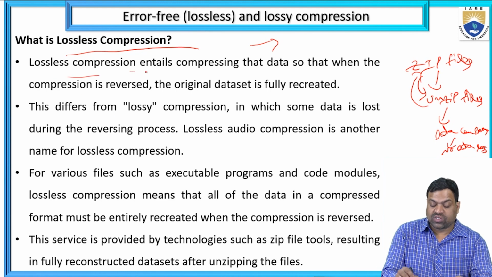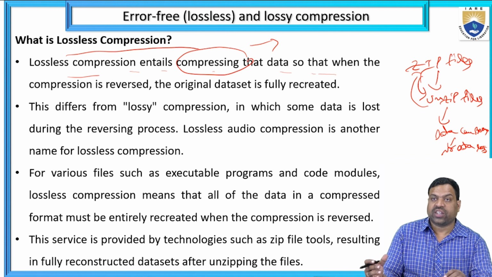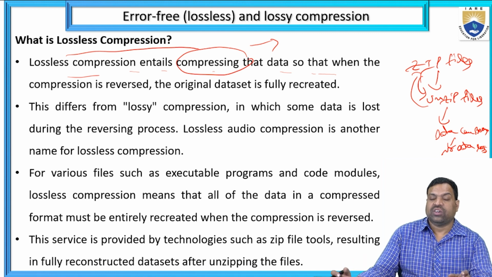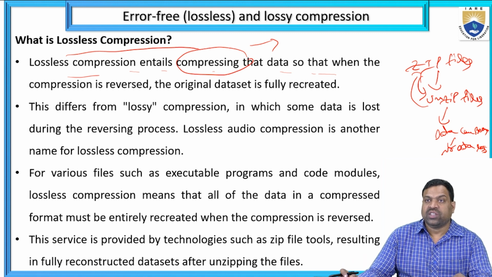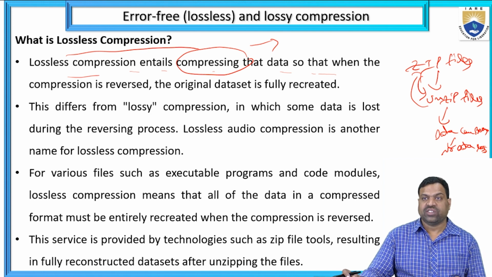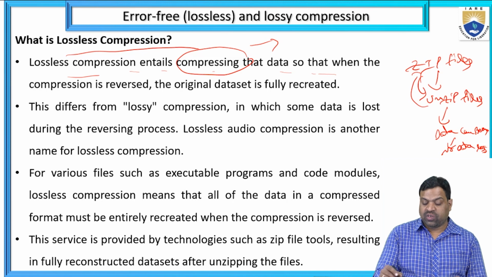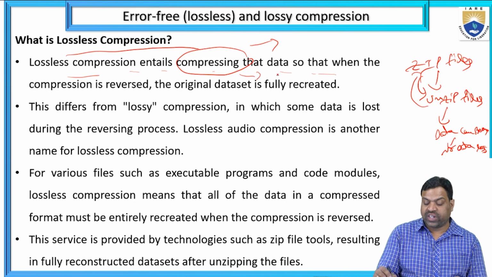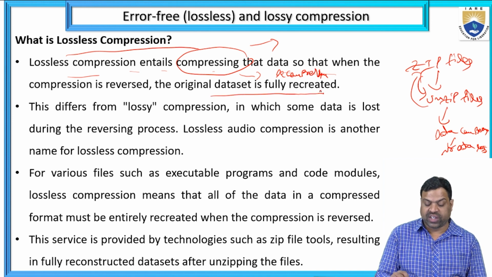Lossless compression means suppressing, that is reducing the data size, so that when the compression is reversed, the original data set is fully recreated. It is compressed, and after decompression, the output is the data set fully recreated.